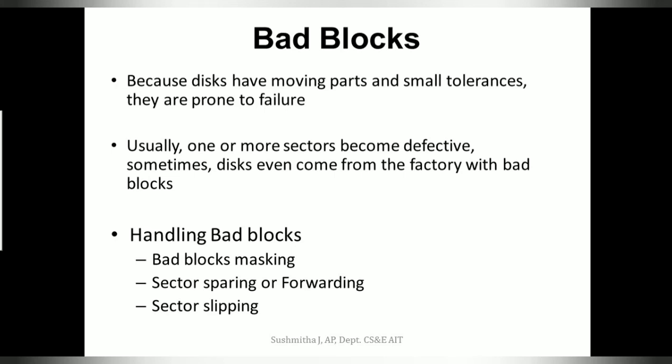If logical block number 17 becomes defective and the first available spare follows sector number 202, then sector slipping remaps all the sectors from 17 to 202, moving them all down by one spot.